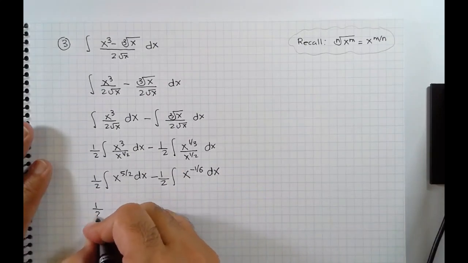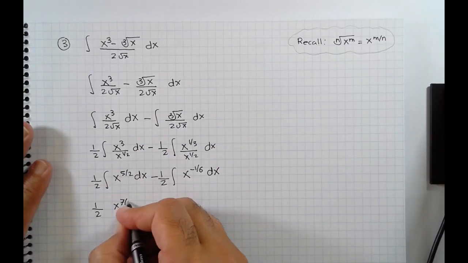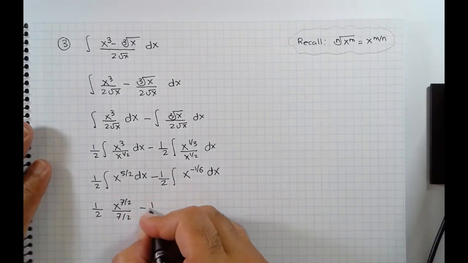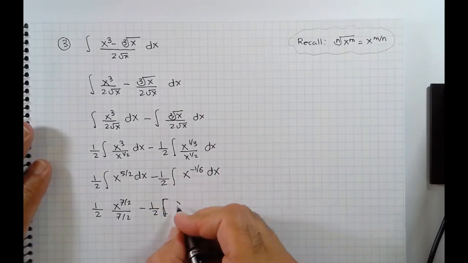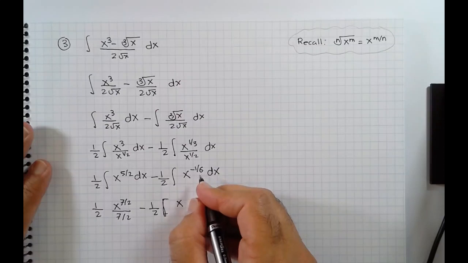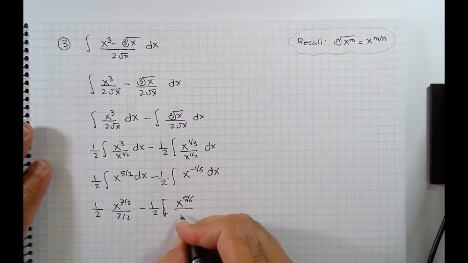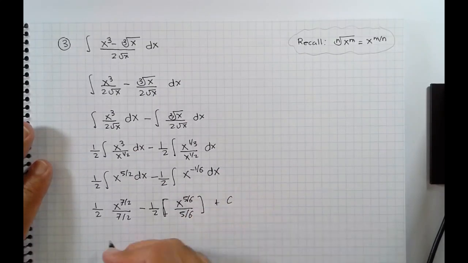And now reverse the power rule, that's going to be x to the 5 over 2 plus 2 over 2 is 7 over 2, divide by 7 over 2, minus 1 half integral, that's x to the negative 1 over 6 plus 6 over 6, that's 5 over 6, divide by 5 over 6, plus c. Let's simplify a little bit.